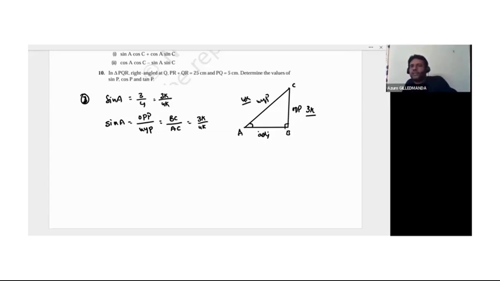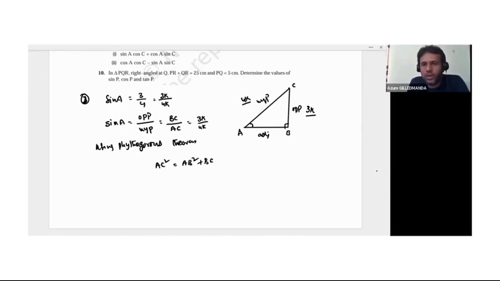Now I know two sides. Can I find the third side? Yes, I can using the Pythagoras theorem. What is our formula? The hypotenuse square equal to sum of the squares of the other two sides. So AB square plus BC square.